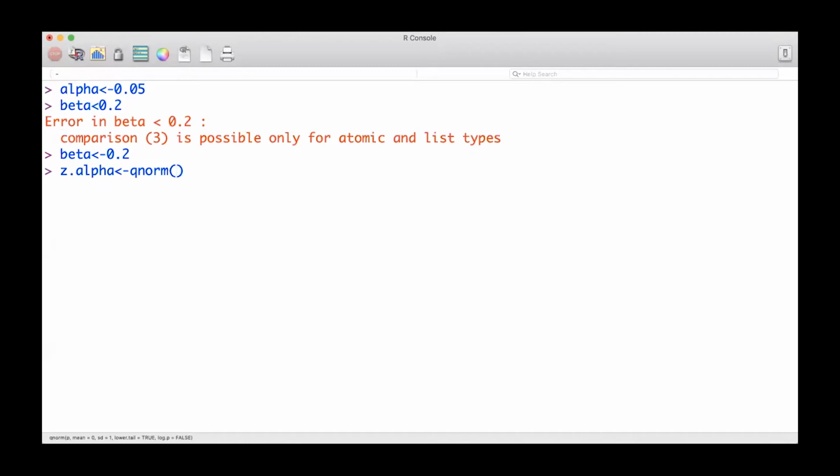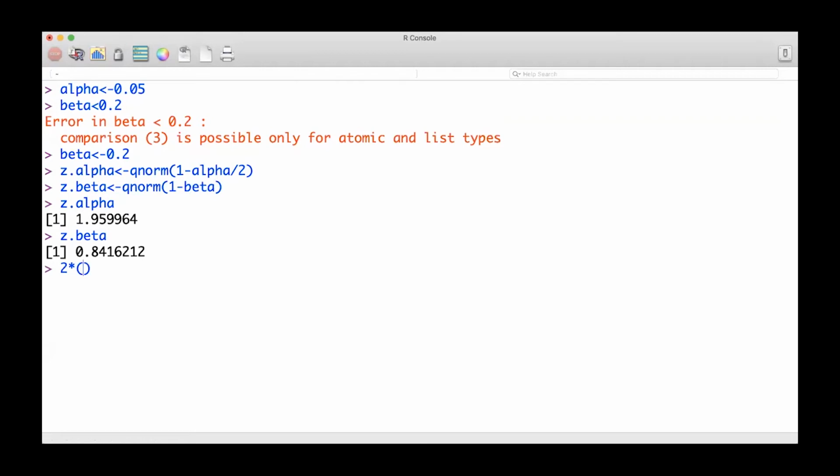We can use our qnorm function. Remember that we're doing a two-sided test, so we have to divide alpha by 2. So we see our z associated with alpha is roughly 1.95, and the z associated with beta is roughly 0.84.